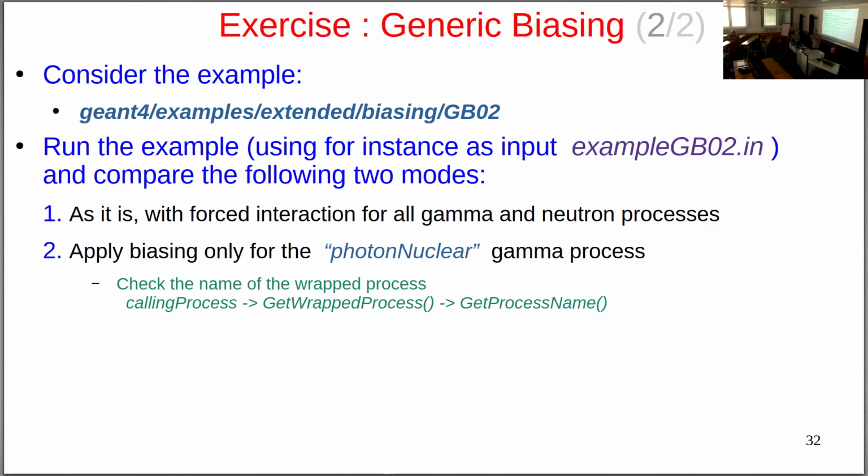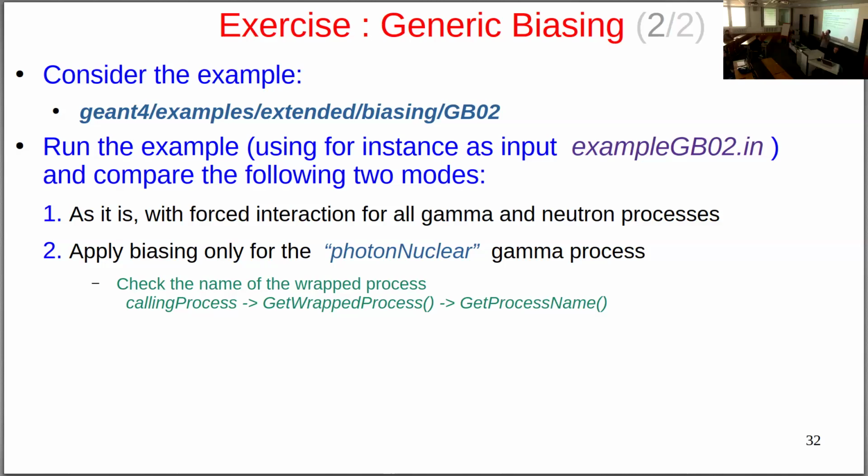If you use the biasing where you have this forced collision, then you are sure that there will be a collision. Even if it's a nanometer, you will have one for sure. So it's a bit different. So the cross-section biasing is when you are interested in something everywhere. You want to see a process that you are interested in be more visible, happening more often, everywhere.